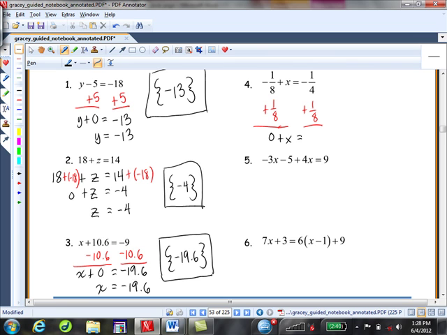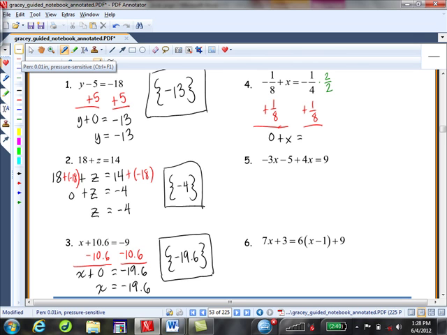Now I'm going to go ahead and do a little work here. Do you see that 8 is the least common denominator? So we need to balance out that negative 1/4 by multiplying by 2 over 2. And the 1/8 is fine because it represents the least common denominator.